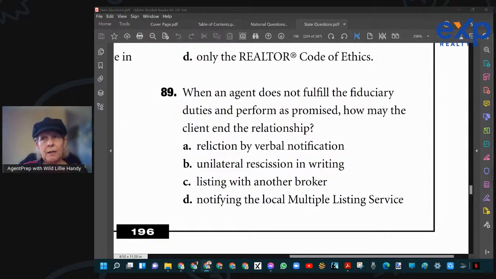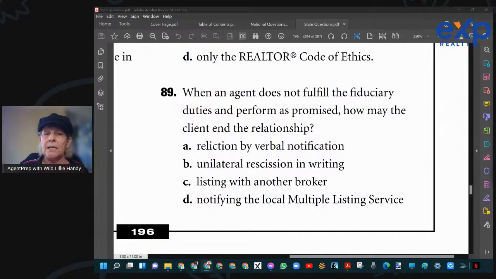Okay, some of you have it right, some of you have it wrong. You've got C, B, C, B. The answer is, going once, going twice, it is a unilateral rescission in writing, okay?